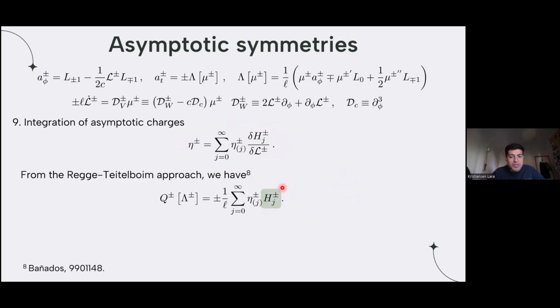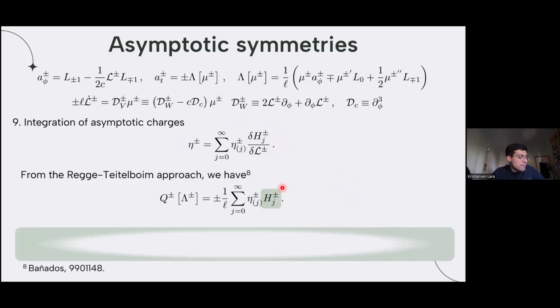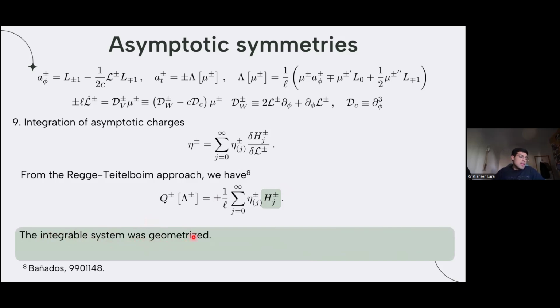So this result is very important. Why? Because this result is saying to us that the integrable system was geometrized. As Matthias was asking, I am showing you right now: the answer is that the gravitational charge now translates as the integrable system charge.